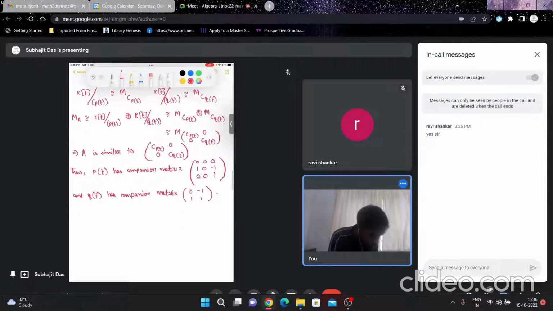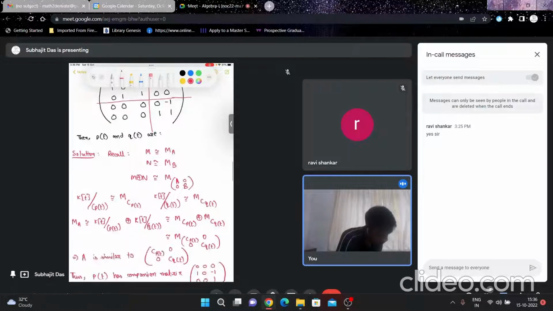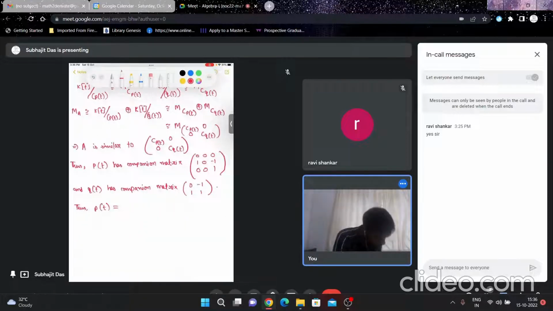Thus p(t) is equal to, you just look at this column, which is where the coefficients of the polynomial lie.